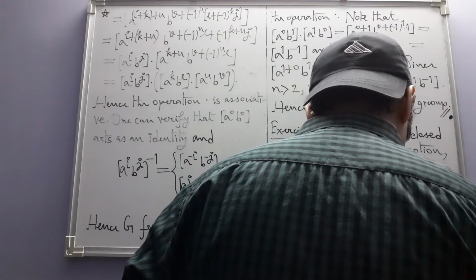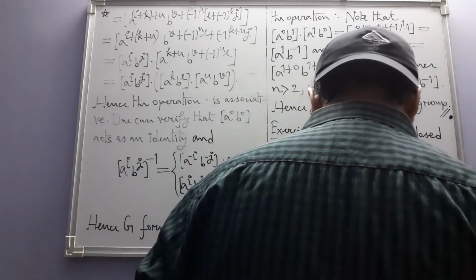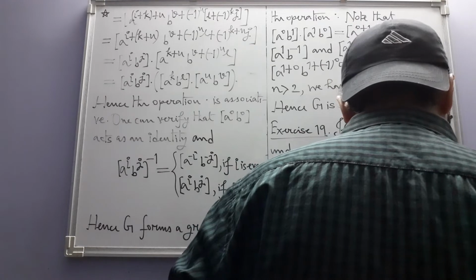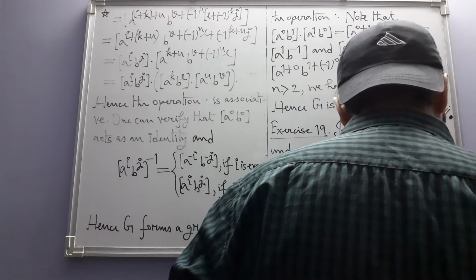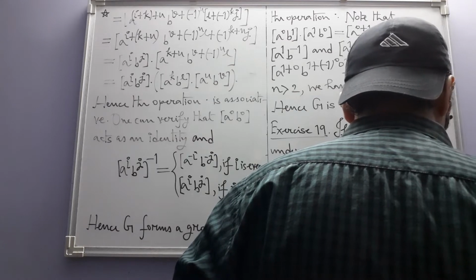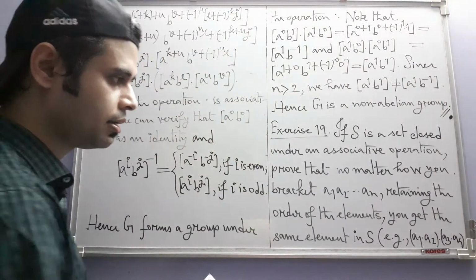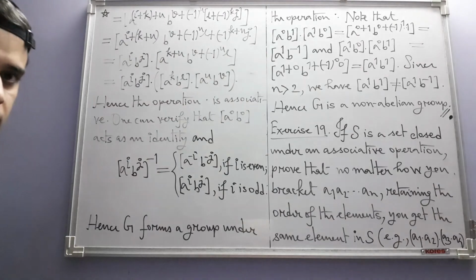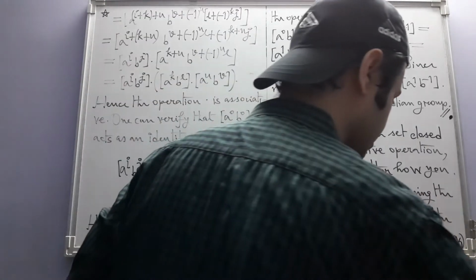There is an example also. Example: A1, A2, A3, A4. Say someone has written a product of 4 elements like this inside 2 brackets.